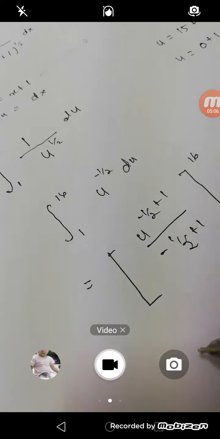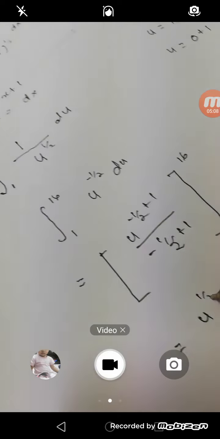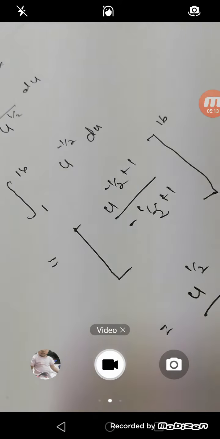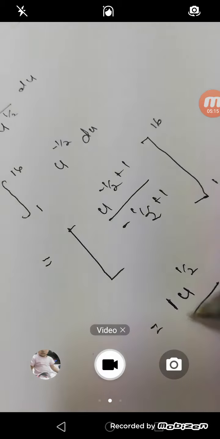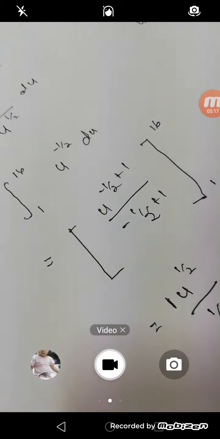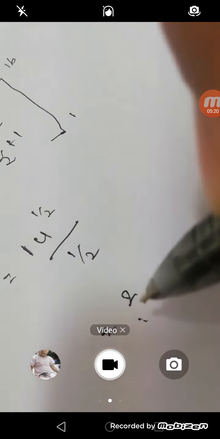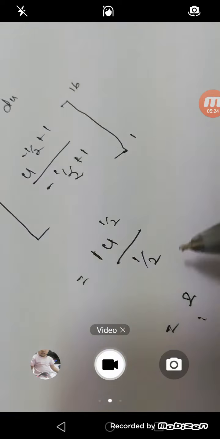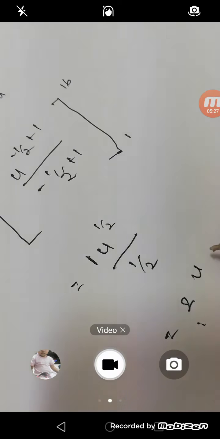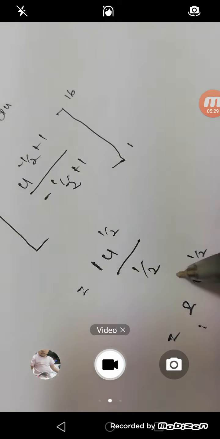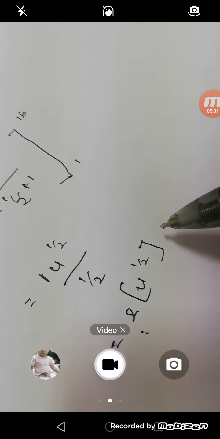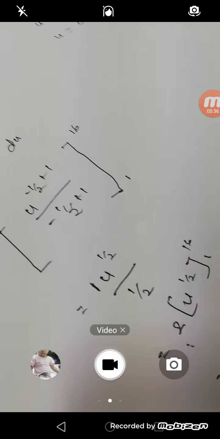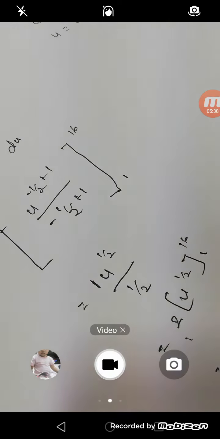Negative half plus 1, you get u to the power of half over 1 over 2. And as we know, the value in front here is 1, so 1 divided by 1 over 2 becomes 2. You can press your calculator for it. You are supposed to get 2. So 2u to the power of 1 over 2.